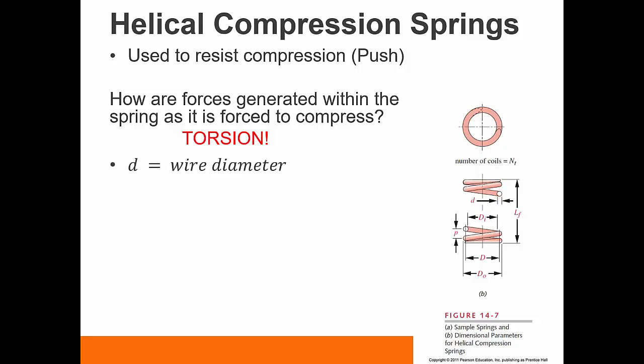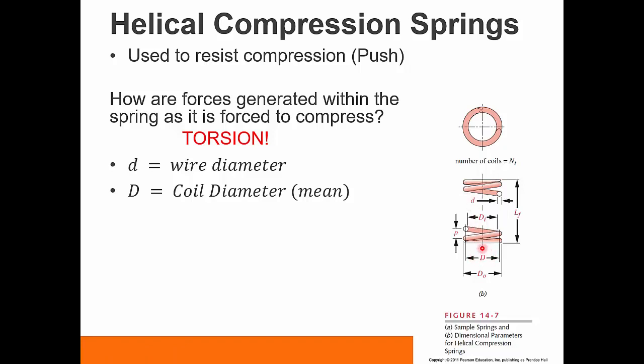So the aspects of the spring that we need to consider are first the wire diameter. We talked in the last lecture about how the diameter of the wire affects the strength of the material, and now we take the diameter of the wire and wrap it, so another dimension is the coil diameter.